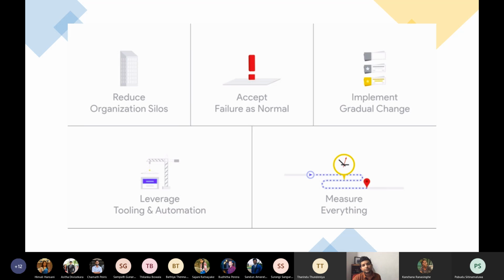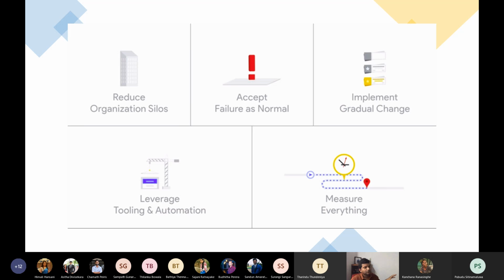When it comes to site reliability engineering, there are 5 pillars or 5 concepts that I would like to emphasize here. Any organization tries to reduce these problems that they see. For example, if we look at the first box here, this is about reducing the organizational silos. The silos that we talk about here is we have a separate unit called the project managers, and then we have another unit called the developers, another unit called the engineering managers, maybe another unit called the DevOps team.